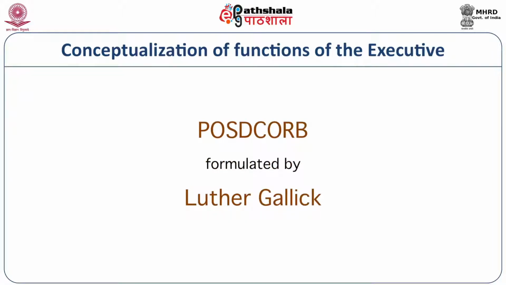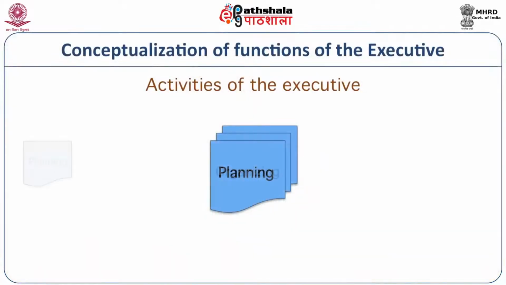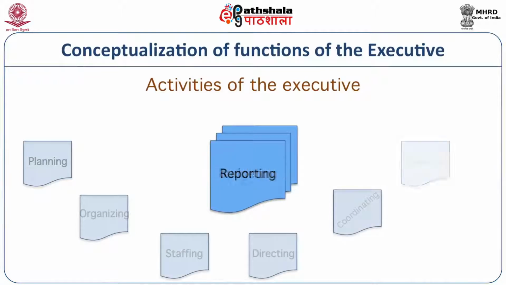Luther Gulick has given a formulation of the functions of the executive, or functions of officers, to put in our own language: what all officers are doing, whether in public administration or private administration. He says they do these seven kinds of activities: planning, organizing, staffing, directing, coordinating, reporting, and budgeting. These are the functions of the executive.